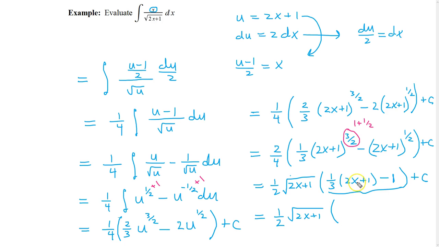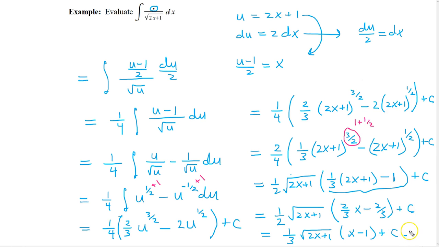Now let's see, 1/3 times 2x is going to be 2/3 x. 1/3 times 1 is 1/3 minus 1, that's going to be minus 2/3. And then we could even factor out a 2/3 and move it outside and finally write this as. And there we have our final answer.